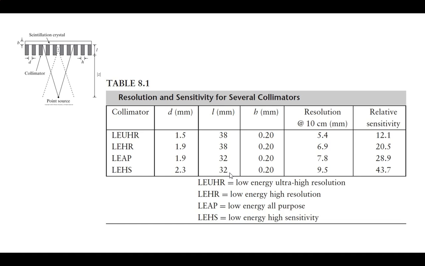So rather than say not great resolution, they just call it high sensitivity. It just means we're more likely to capture photons because these are spread farther apart. So these are just standard, and they build all of them, and then you just swap the collimators out that you want.